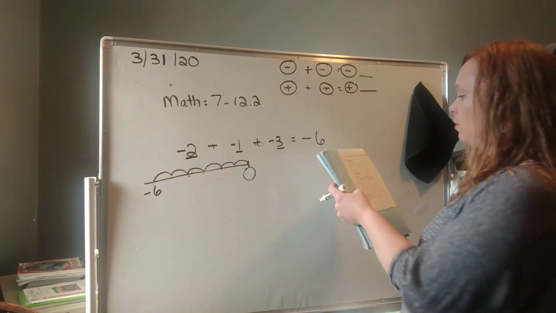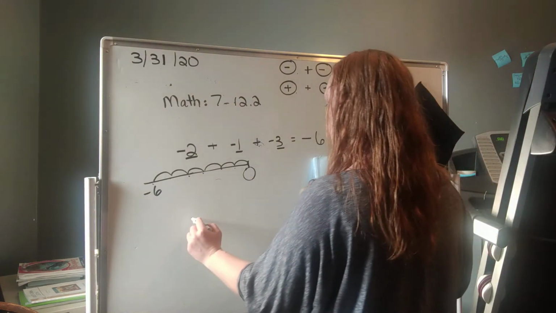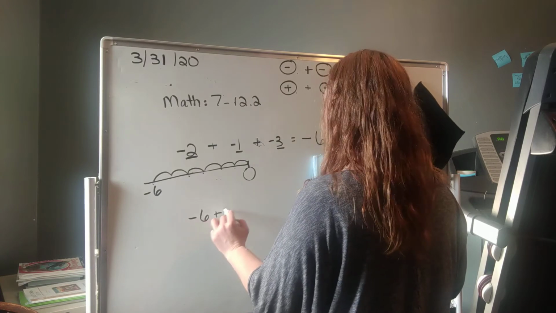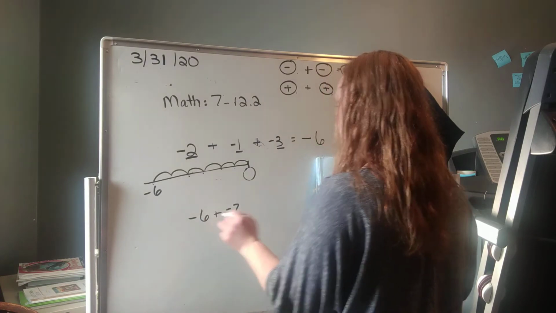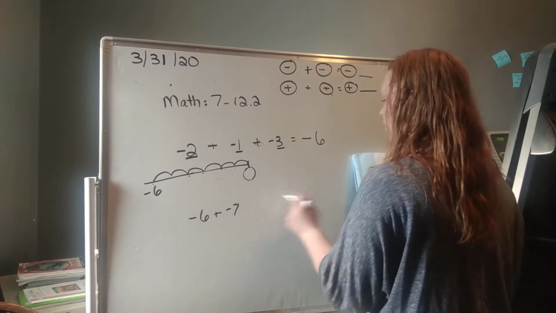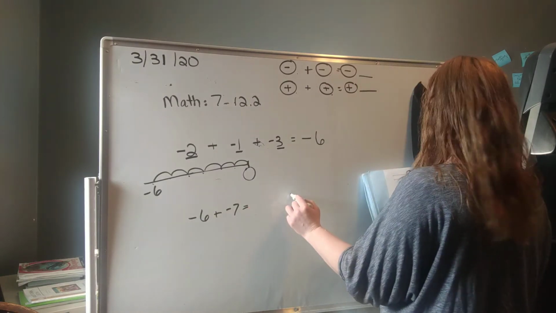Let's do a couple more in our skill check. Number 1 says -6 plus -7. I'm going to give you just a second. I want you to be working on that one while I write the rest of the problems.